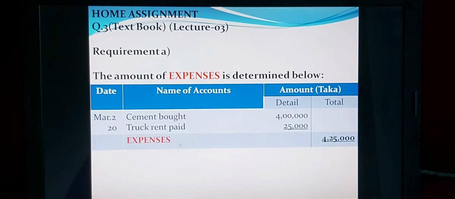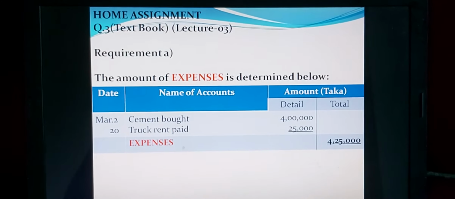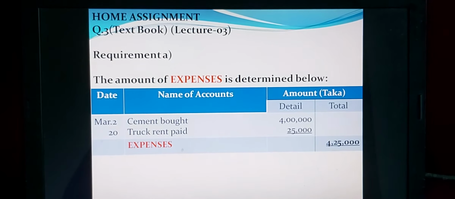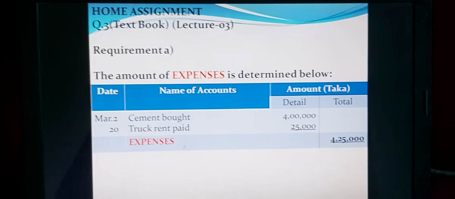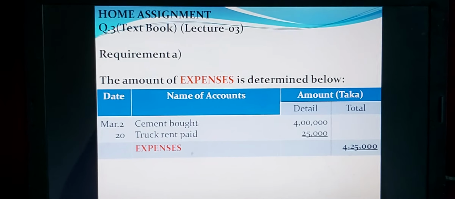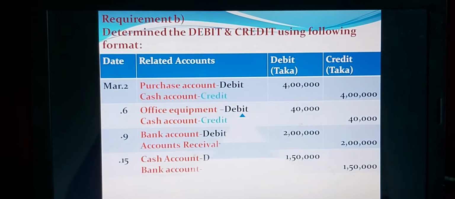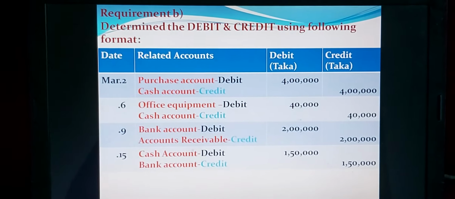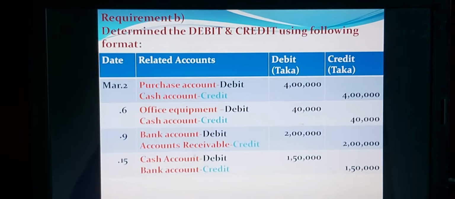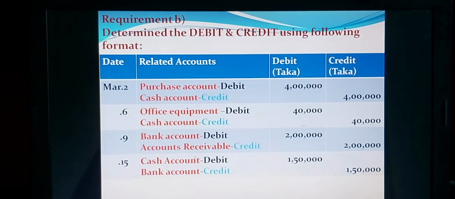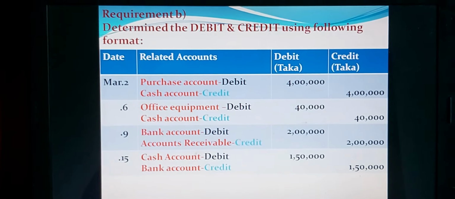Now we can go to the next slide for solution of requirement B, the creative question number 3 from your textbook. Okay, requirement B, determine the debit and credit from the transactions of March 2, March 6, March 9 and March 15.